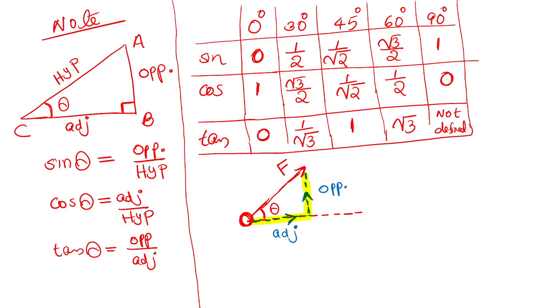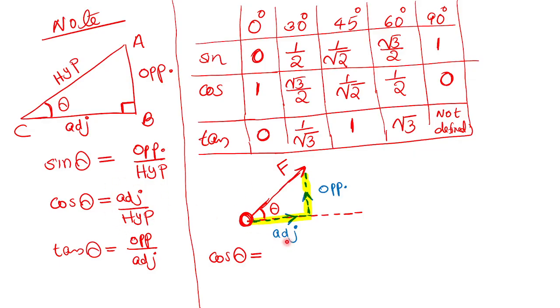The application of sine and cos is here. What is sine theta? Let me write the formula once again. Let me write cos theta first. Cos theta is what? I want to explain the derivation also, otherwise you cannot understand. Cos theta is adjacent side by hypotenuse. We have already studied.